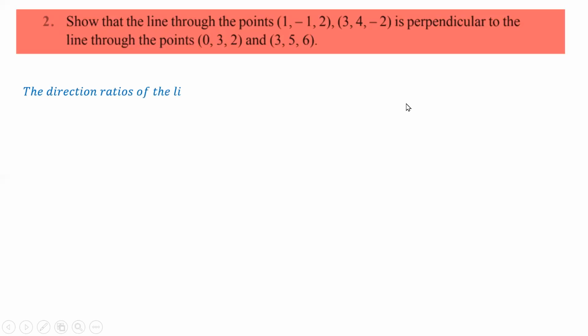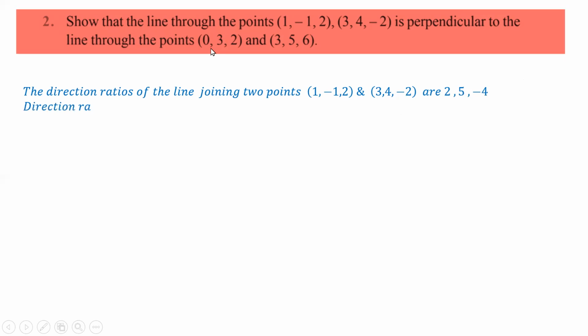Now we have the condition: if they are perpendicular, then their direction ratios satisfy a1 a2 plus b1 b2 plus c1 c2 equals 0. So first find the direction ratios of the line joining these two points. For the first line, it is 2, 5, minus 4.